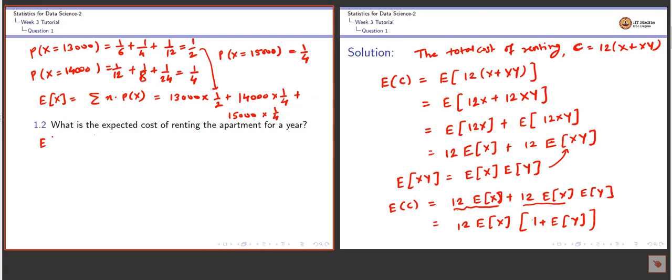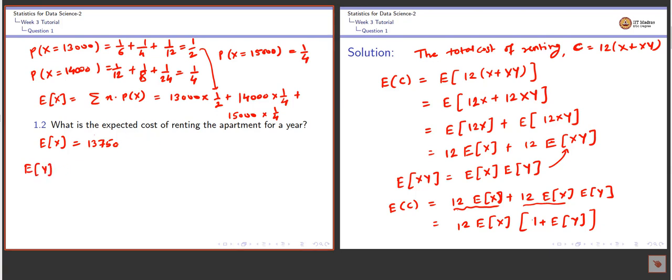After calculation, we find that the expectation of x is 13,750.